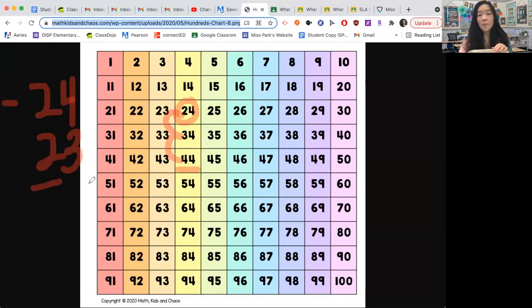What number do we stop at? 44. Now we need to count on by our ones. How many ones do we have? 3. 1, 2, 3. What number did we stop at? 47. 24 plus 23 equals 47.